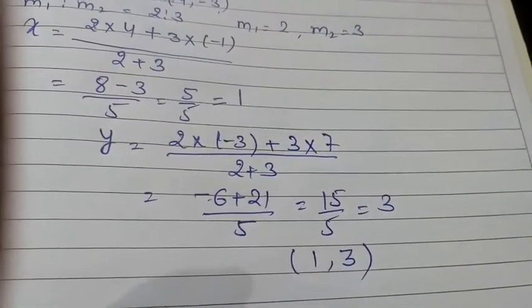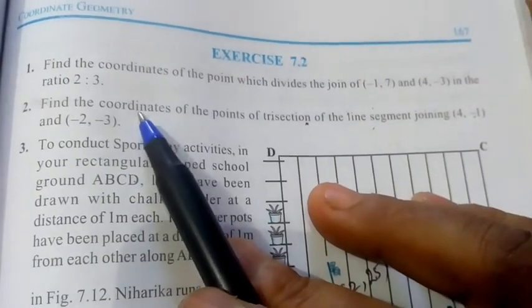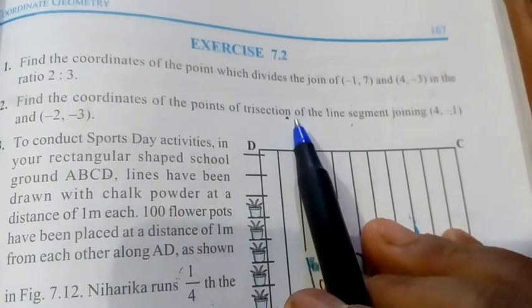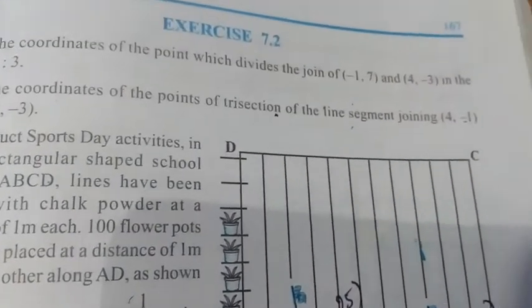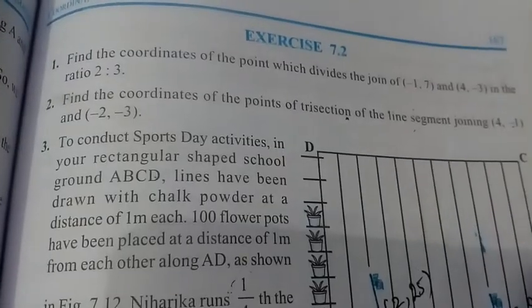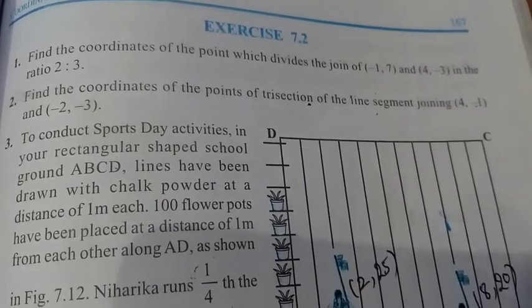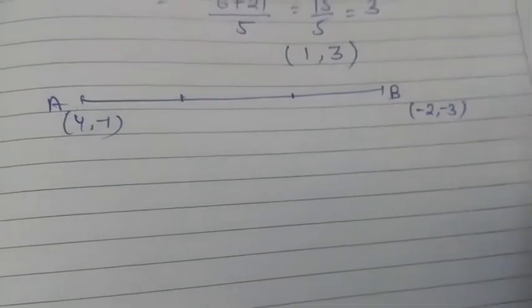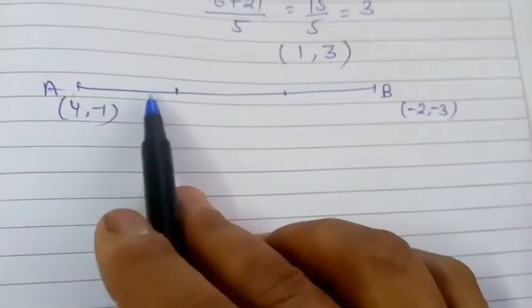Now question number 2. Find the coordinates of the points of trisection of the line segment joining (4, -1) and (-2, -3). Trisecting means dividing into 3 parts. The two points are A (4, -1) and B (-2, -3), divided into 3 parts.